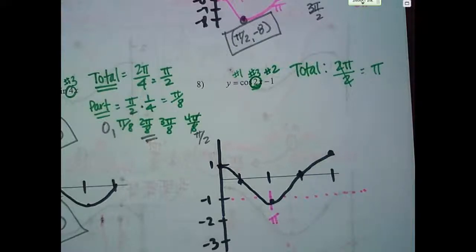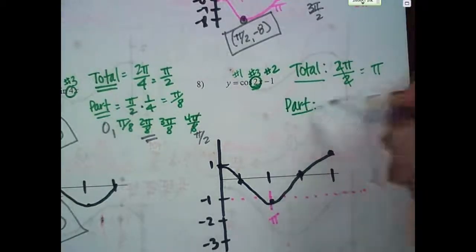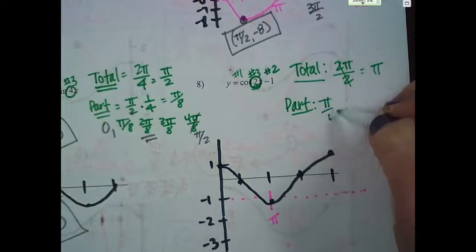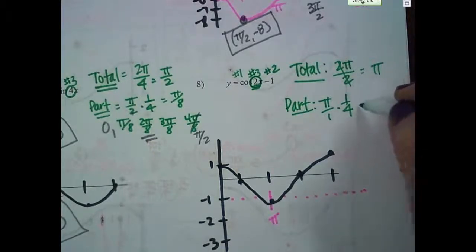Then the next step is to find your parts. How do I find the part? I take pi over 1 times 1/4. I want to find each part, every 4. So you have pi over 4.